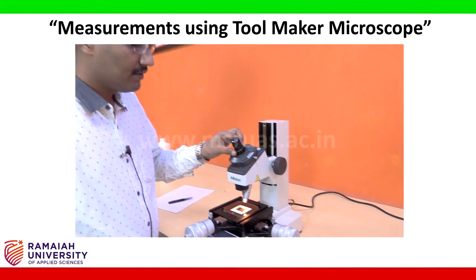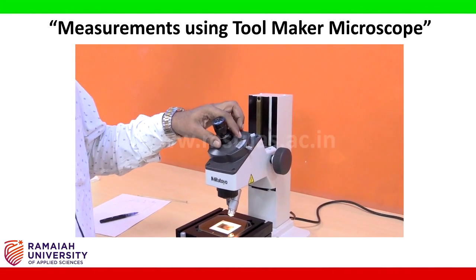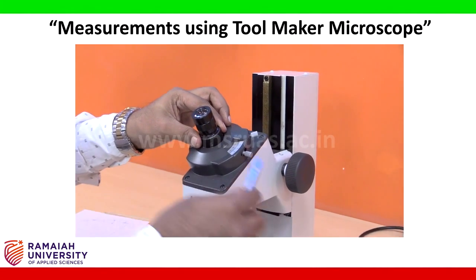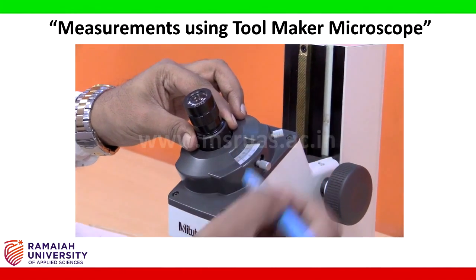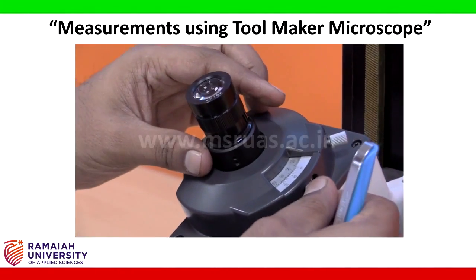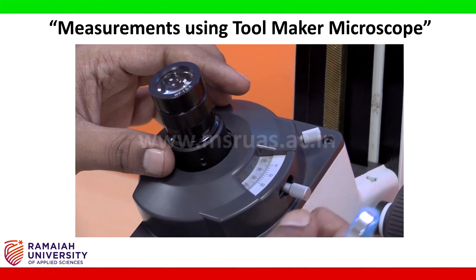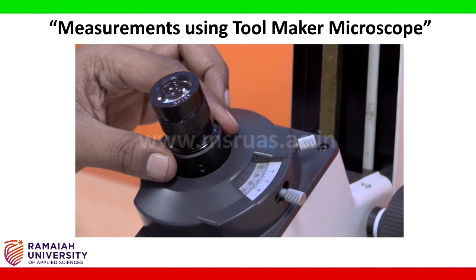So for that, we are using two scales. One is the degree scale, here the degree scale which is moving now, and the minute scale or the minute vernier. These are the two scales one has to use to find out the angles.